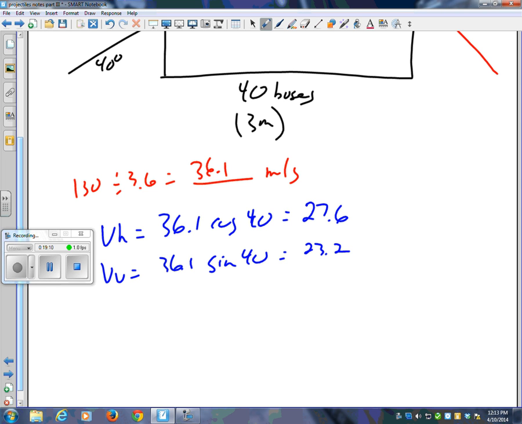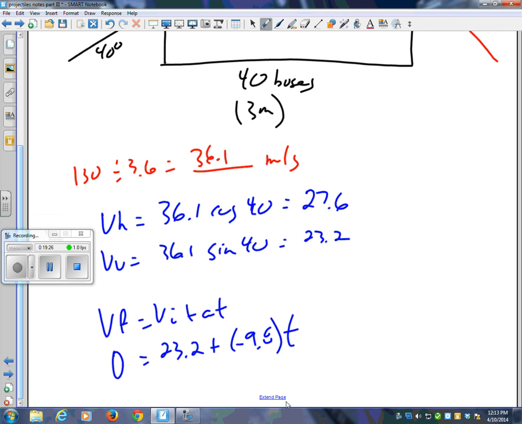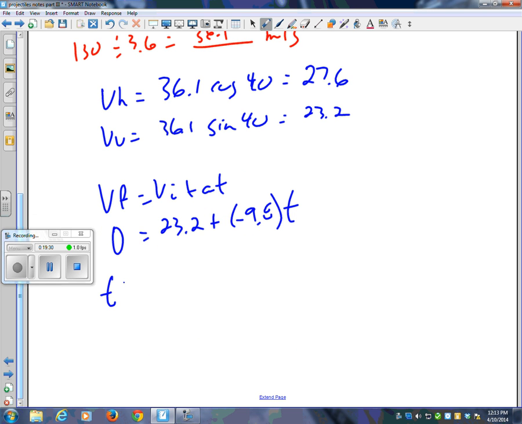Now, all you really have to do here is find the total time, right? How'd you find the total time? Did you go VF equals VI plus AT, plug 0 in there, use that vertical component of 23.2 minus 9.8 T, and what'd you get for a time? That'd be around 2.37 seconds.